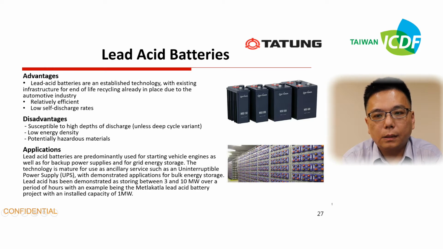You can see that if we use the lead acid battery in an energy storage station, as in this slide, we need to use a huge number of battery cells in one station. It is already used in starting the vehicle engine, as well as for backup power supply and for grid energy storage.